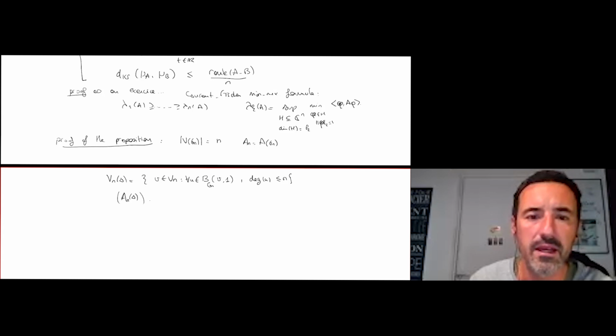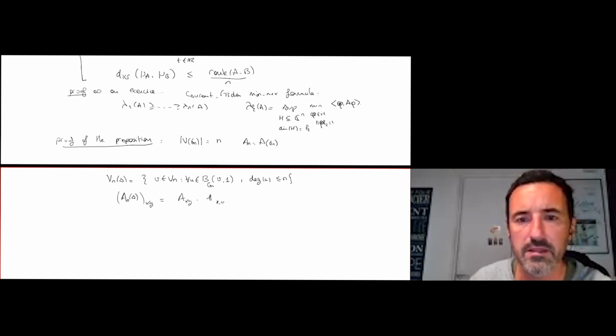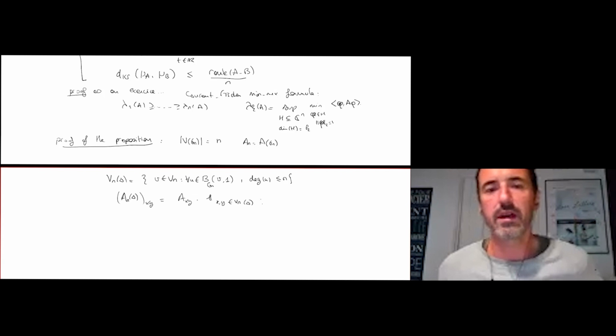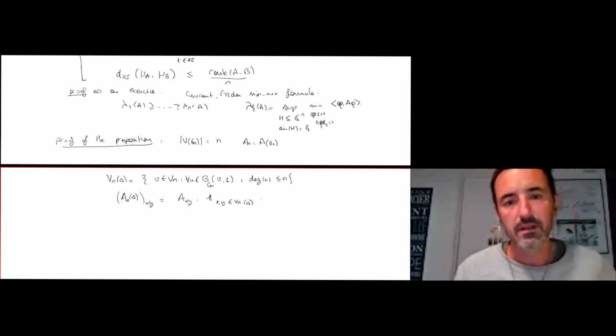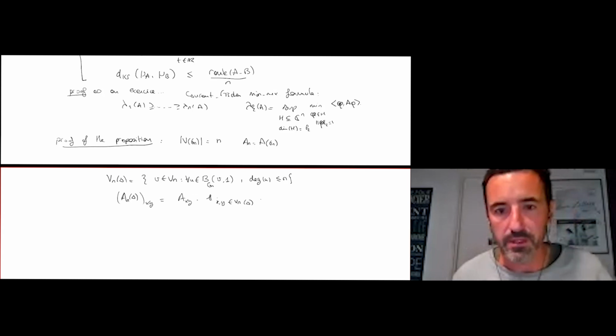You define An delta of x,y to be An of x,y times the indicator that x,y belong to Vn delta. So this is the adjacency operator of An restricted to Vn delta and extended to the whole space by putting just zeros.